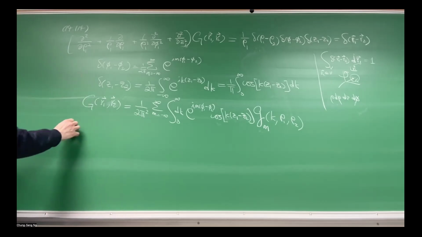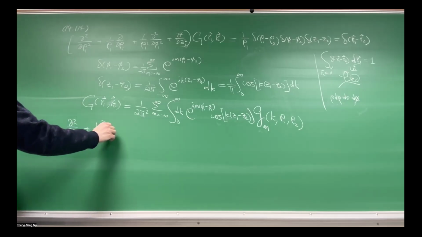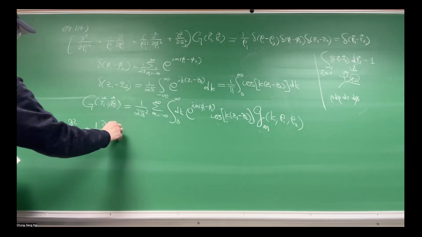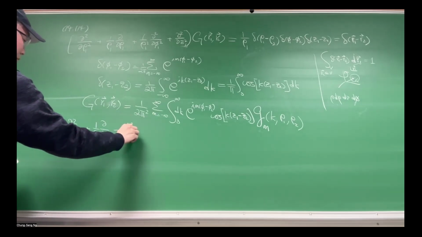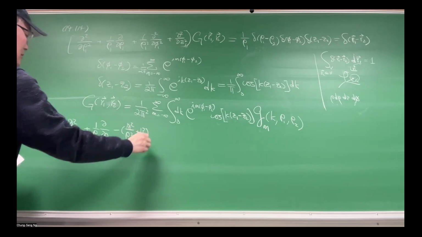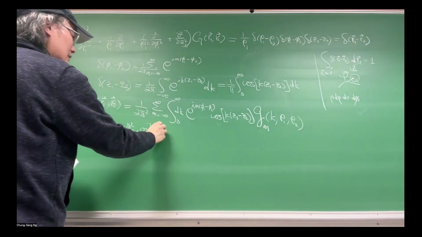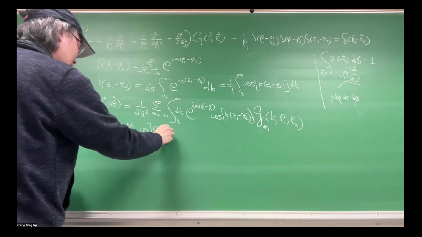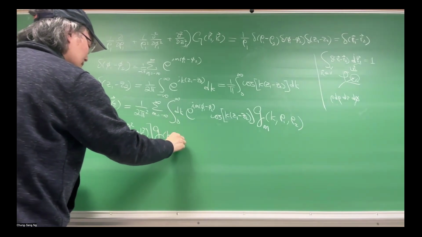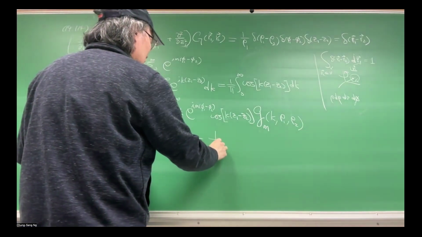Partial squared over partial rho 1 squared plus 1 over rho 1 partial over partial rho 1, now minus m squared over rho 1 squared plus k squared. So that's the differential operator on G, which depends on the coordinates. Now the right hand side is the rest, which is rho 1.